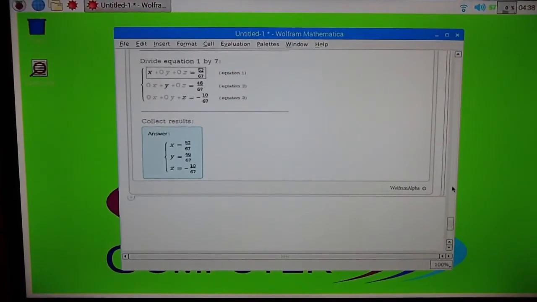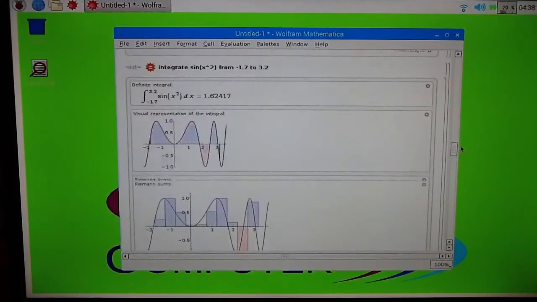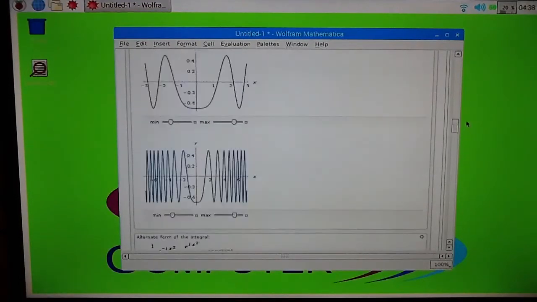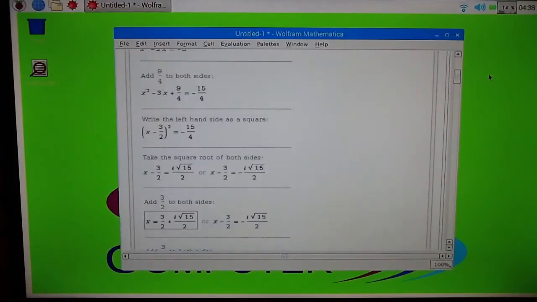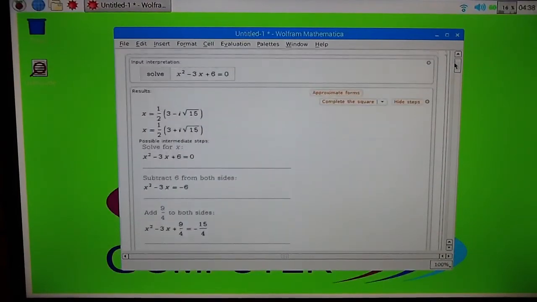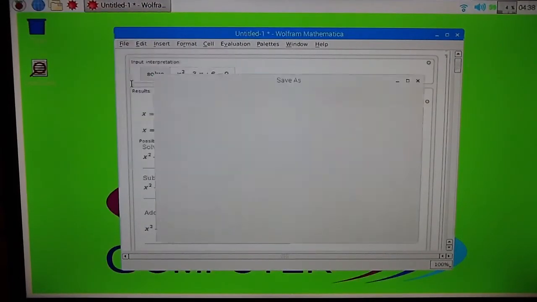And finally, I'll point out now that we've done all of these problems here in this notebook, and they're all saved here now. We don't have to throw this away. Let's say you did your homework, you did a bunch of problems, and now if you're using Wolfram Alpha, the free version, you don't have these saved, but these are all saved. Now you can come up here with your SupraComputer, hit File, and go down and say Save As, and you pick a folder to put it in.